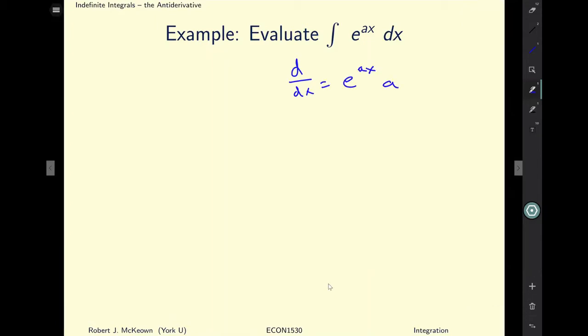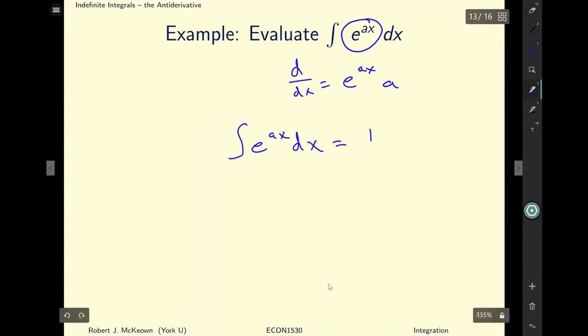So if I want to integrate this thing and I just want to get e to the power of ax, that a goes into the denominator, and I get 1 over a, e to the power of ax.